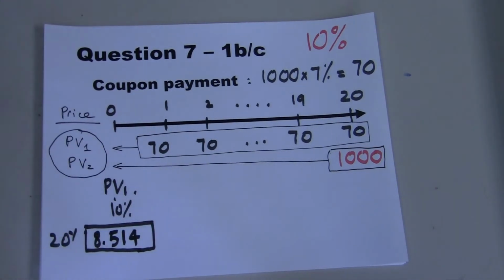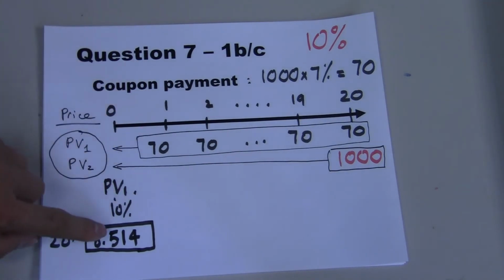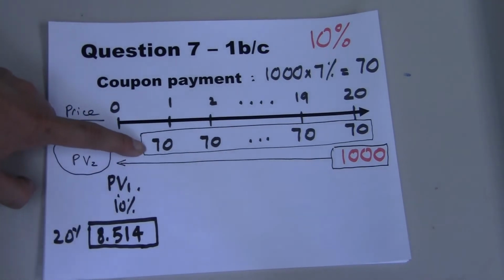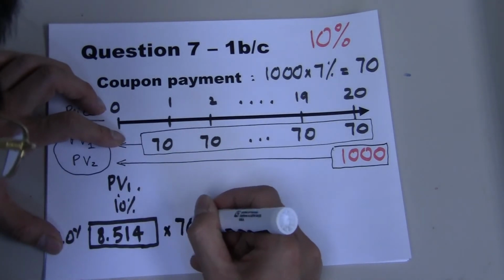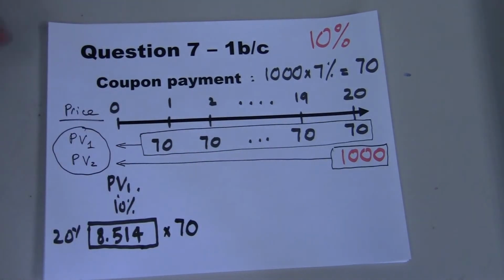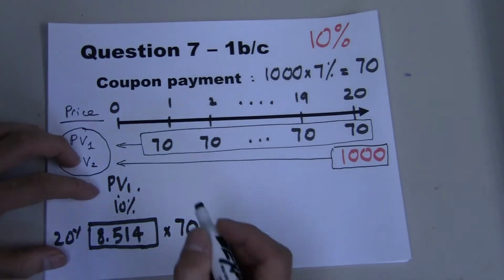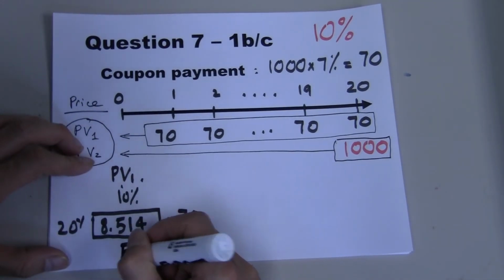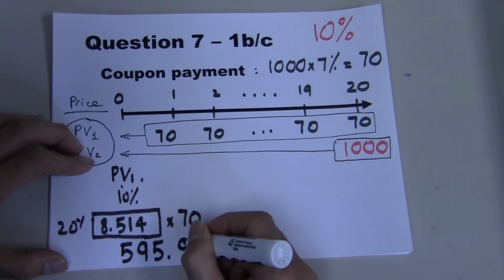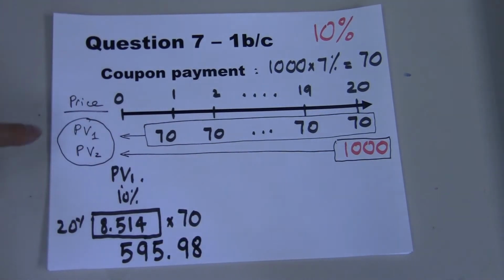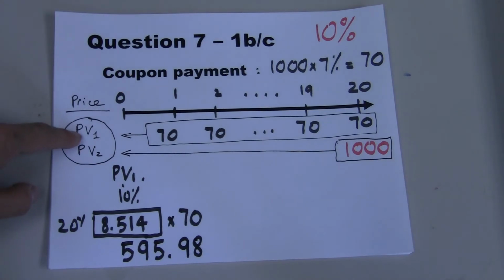Then, as we did before, you multiply that factor with the value of the payment, which is 70, and you get 595.98. We're done with the present value of the coupon payment, PV1.